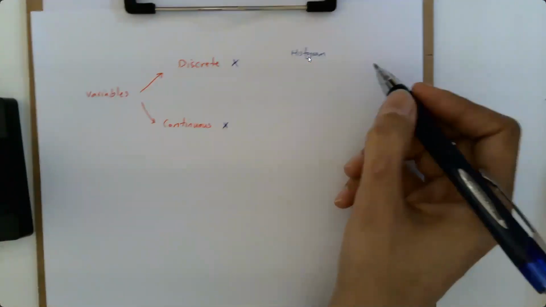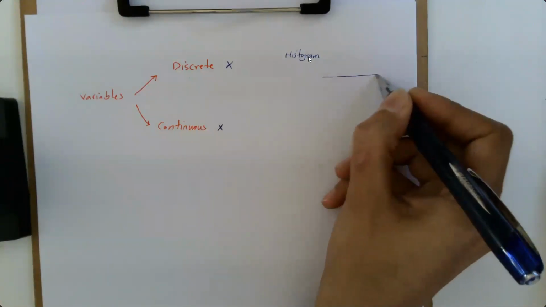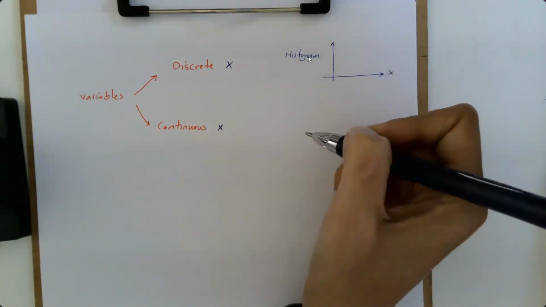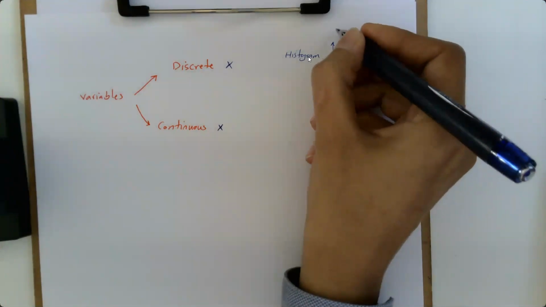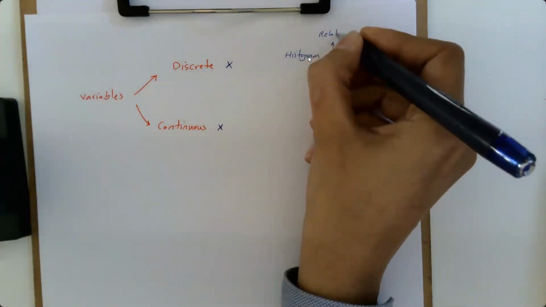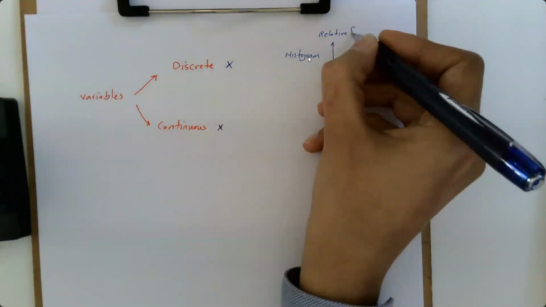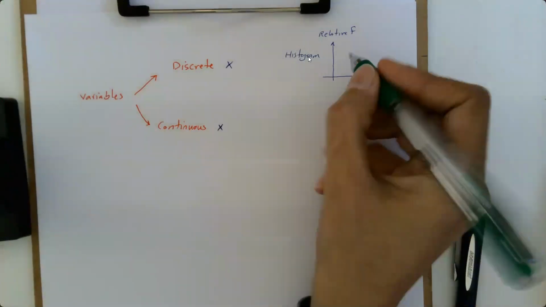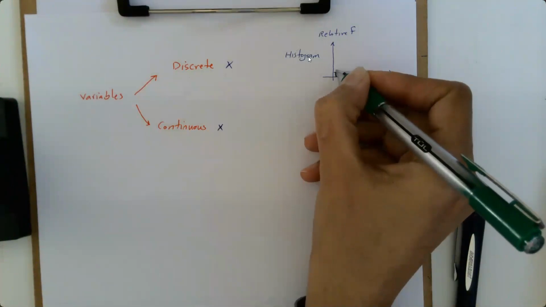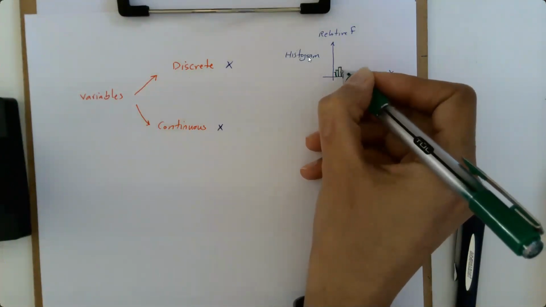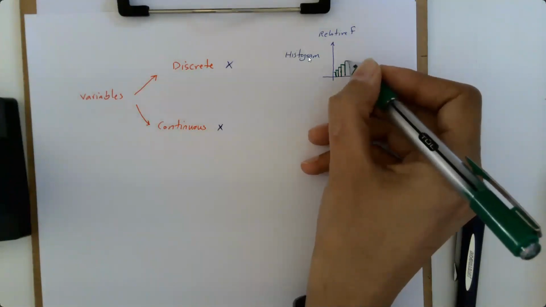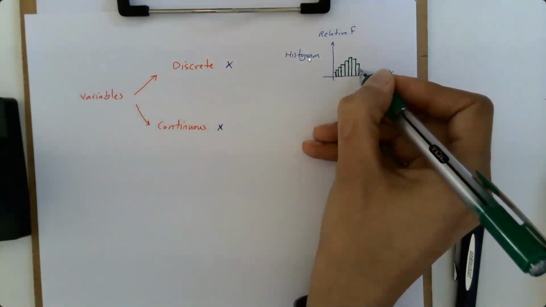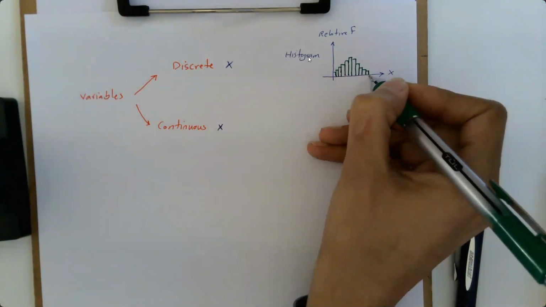In this histogram, on the horizontal axis, we have our x, and on vertical axis, we have the relative frequency distribution, relative frequency, and then we have some bars representing the relative frequency for each of these variables. Since it's discrete, we have finite numbers of bars.